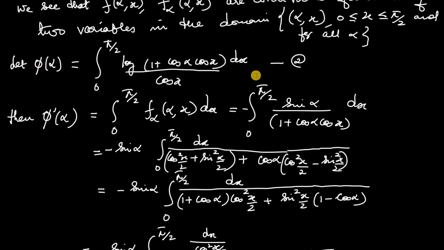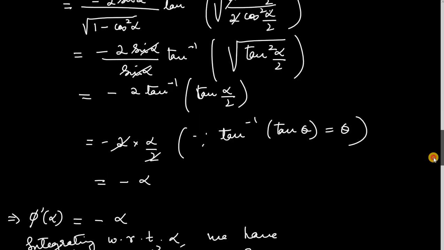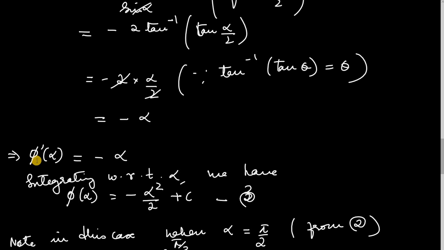So if phi alpha is this one, then phi prime of alpha will be the same integral, but here you have to differentiate this one with respect to alpha under the integral sign. So on simplifying this one, you'll get the value of phi prime of alpha. So to get back phi of alpha, you have to integrate this one now with respect to alpha.